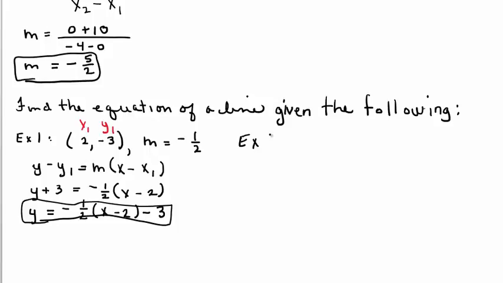All right, example 2. This is kind of a special case where I'm not going to have to worry about the slope-intercept form or the point-slope, and here's why. You could plot the point 6, -1.